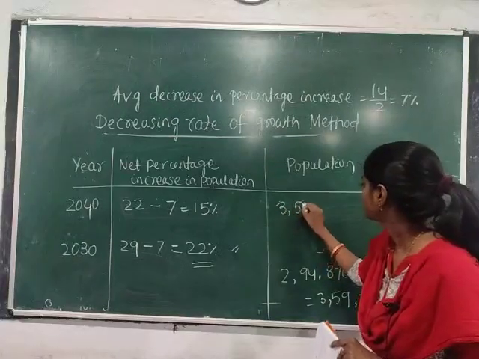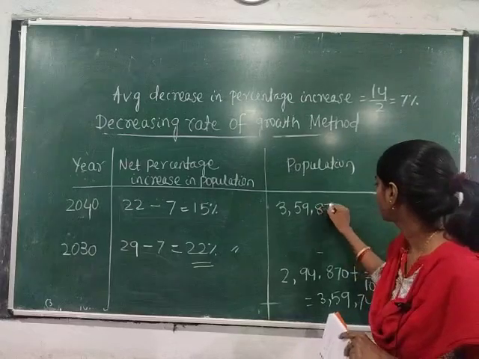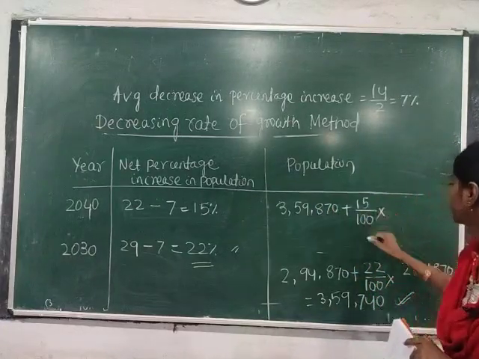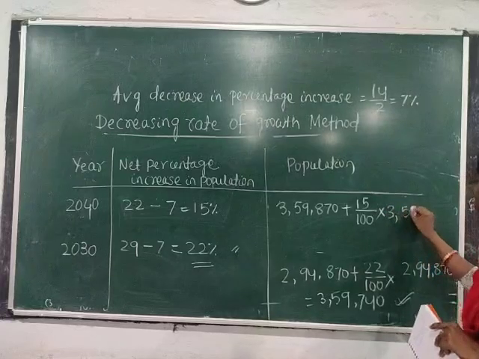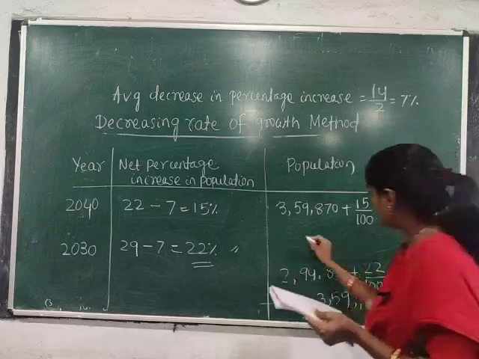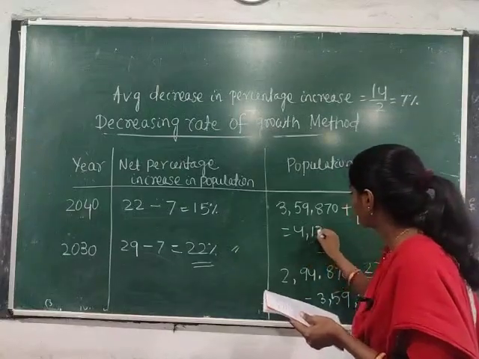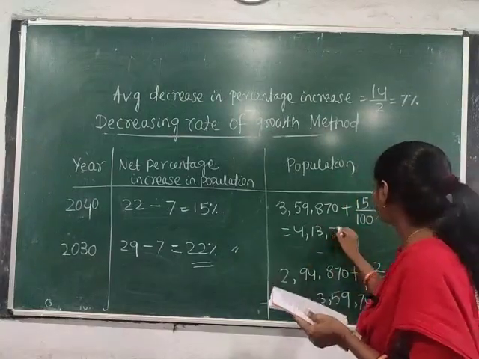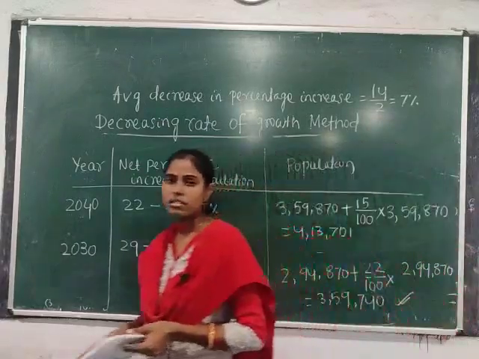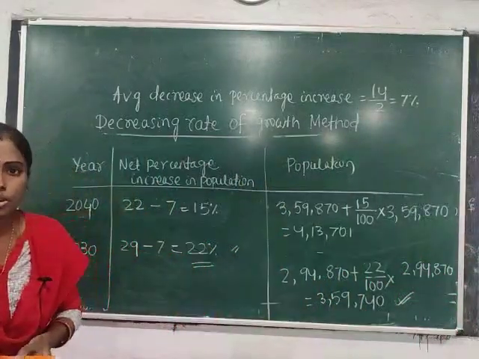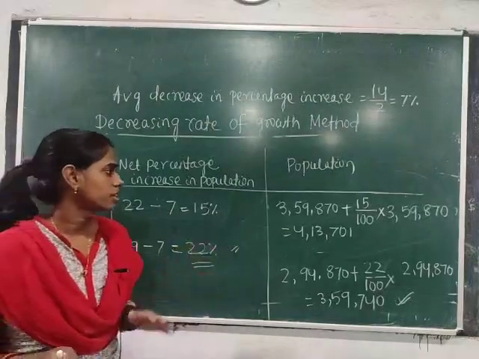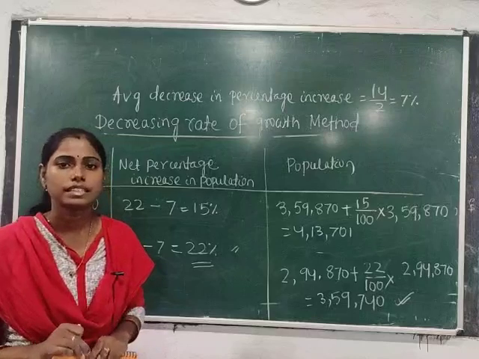So that will be 3,59,870 plus 15% of 3,59,870, which comes out to be 4,13,700.